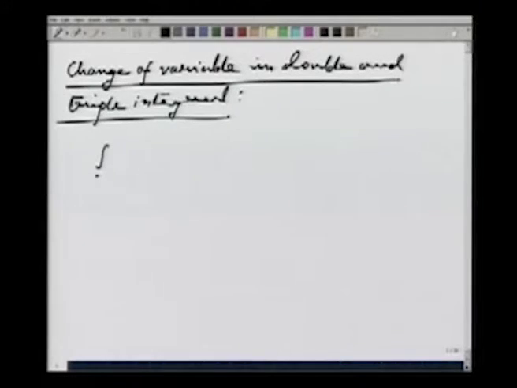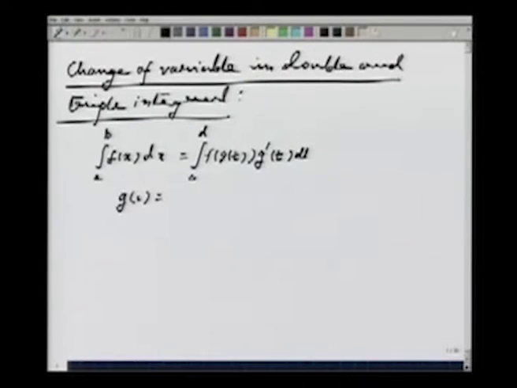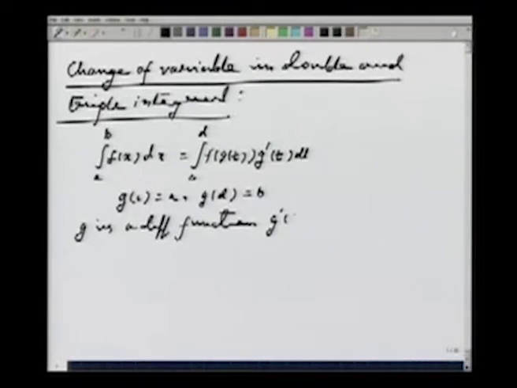Well, in the one variable case, we know that this formula is true: the integral a to b f(x) dx is the integral c to d f(g(t)) g'(t) dt, where g(c) is equal to a and g(d) is equal to b, and g is a differentiable function with g'(t) not equal to 0.